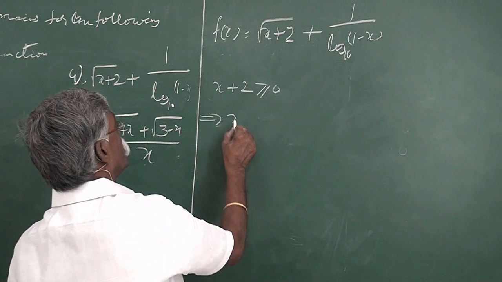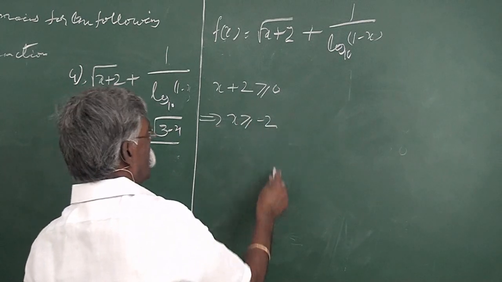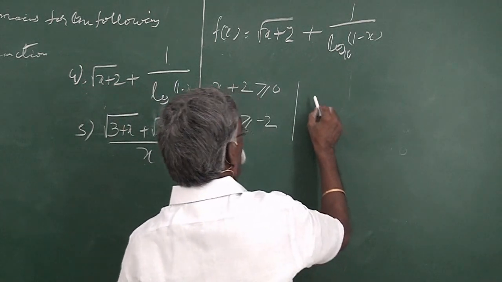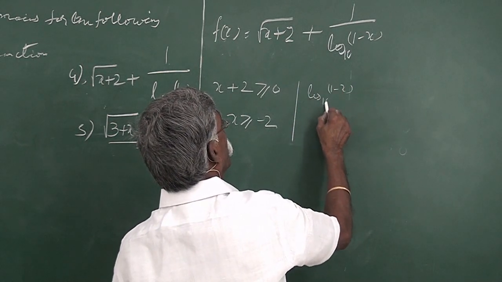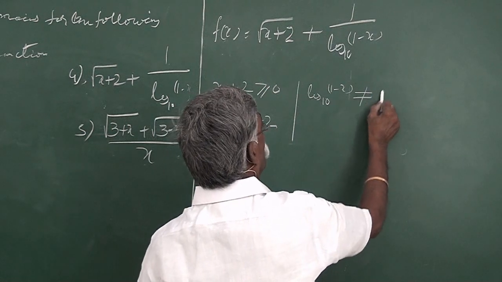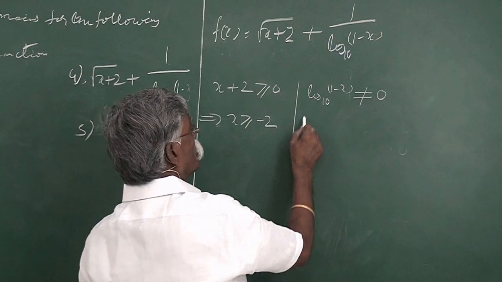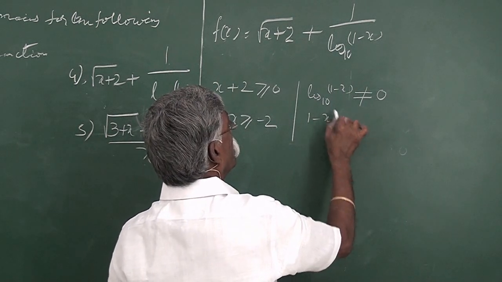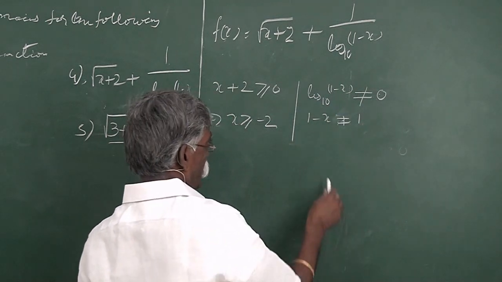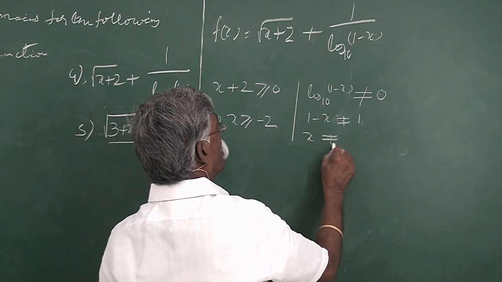This implies x is greater than or equal to minus 2. And log of 1 minus x to the base 10 is in the denominator, it should not be equal to 0. So 1 minus x is equal to 10 power 0, 1. That means x not equal to 0.